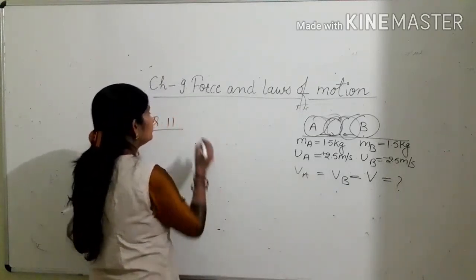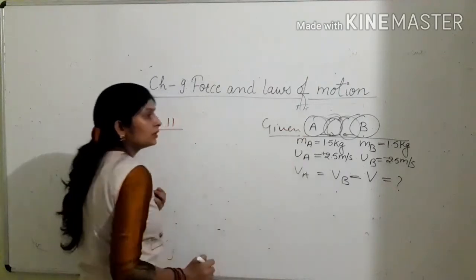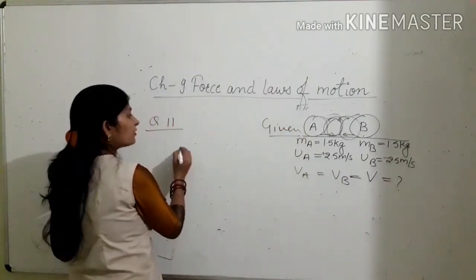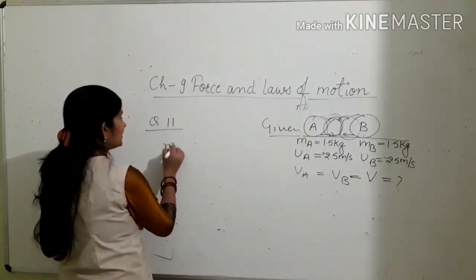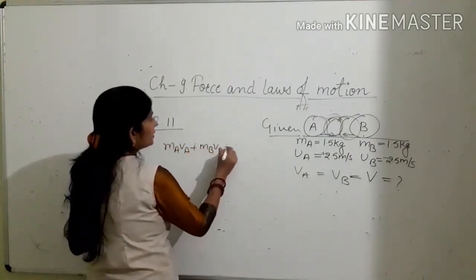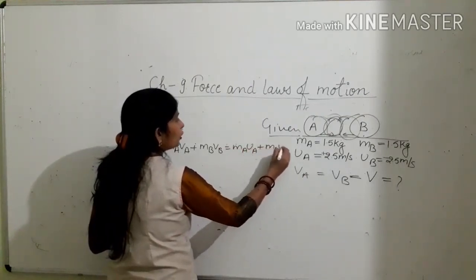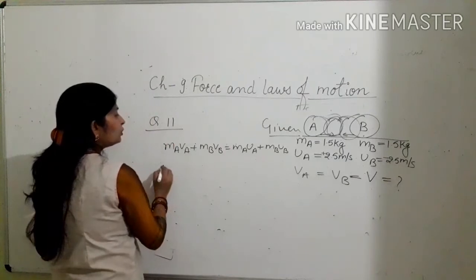For this, we have to apply law of conservation of momentum equation, that is MAVA plus MBVB is equal to MAUA plus MBUB. Put the values.